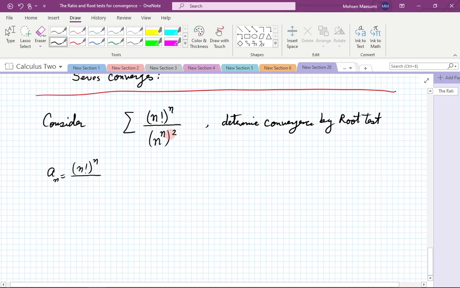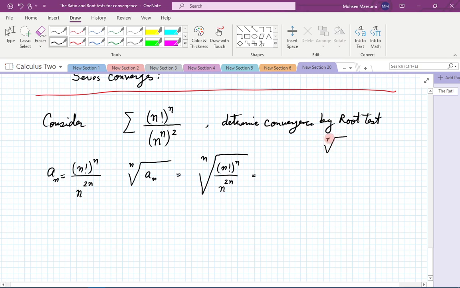Well, n to the power of n squared, you can multiply the exponents, becomes n to the power of 2n. The nth root of a_n, well, let's write it. The nth root of n factorial to the power of n, and then n to the power of 2n. Let me write a simple rule here.